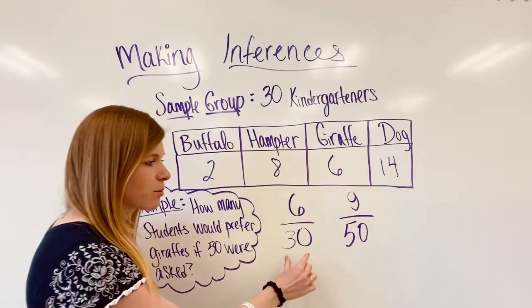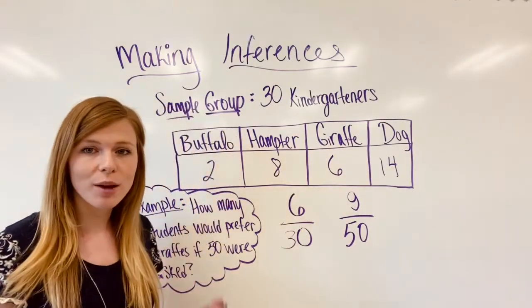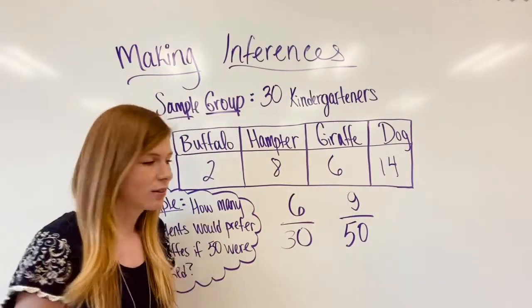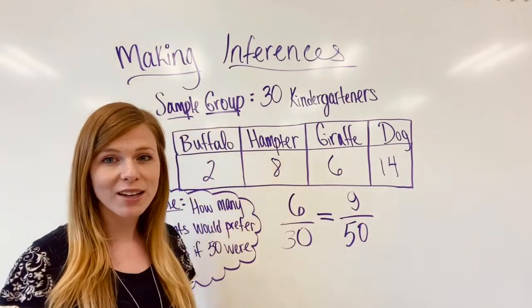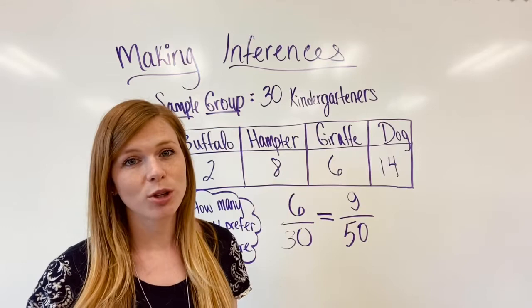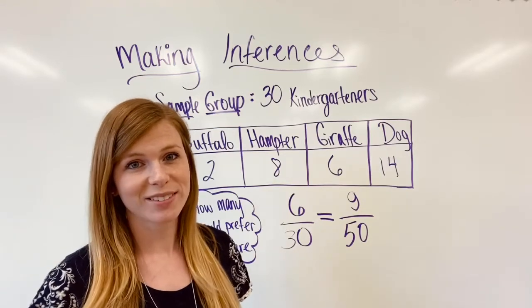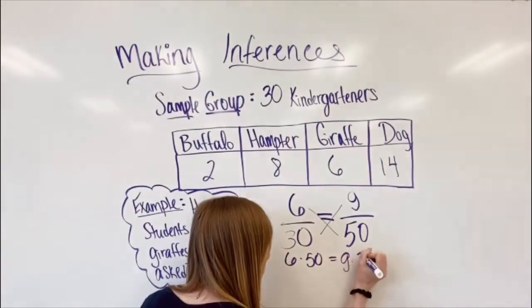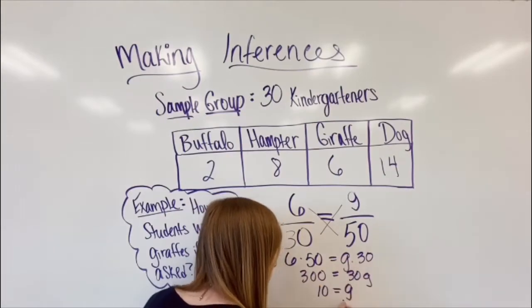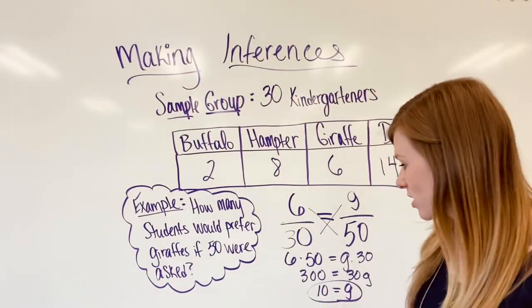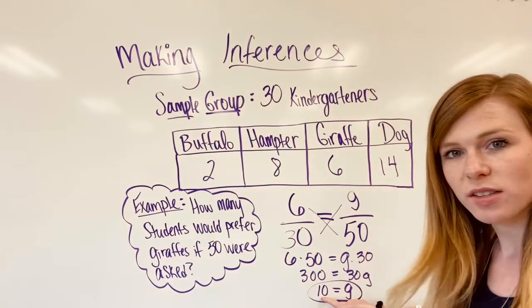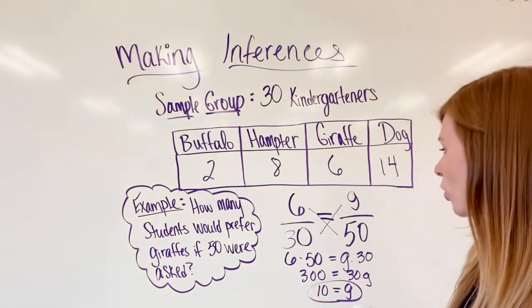So I set up 2 ratios, and I'm going to turn them into a proportion by putting an equal sign in between them. By creating this proportion, I'm able to use cross multiplication. From my calculations, I am able to see that 10 students out of the 50 would prefer giraffes.